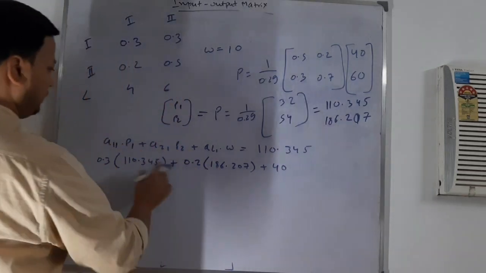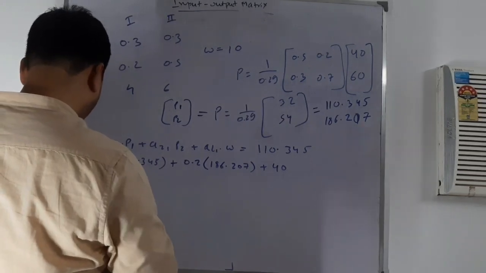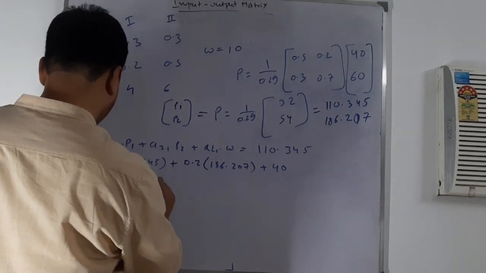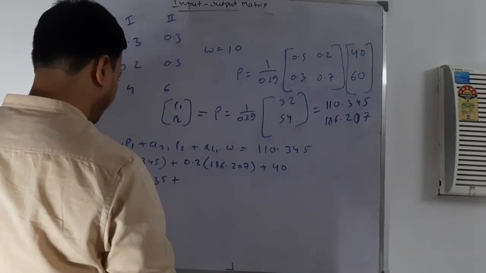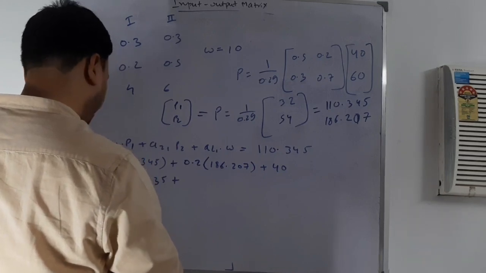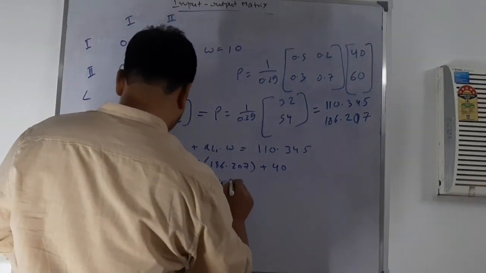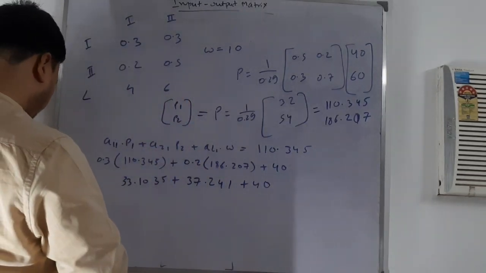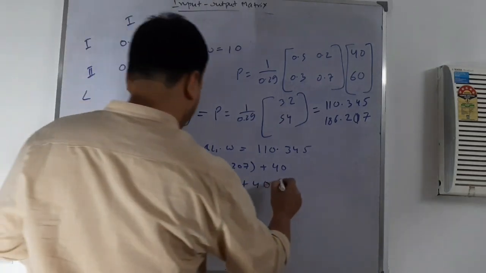It should add up to 110.34. So 110.345 into 0.3 gives 33.1035. Plus 0.2 into 186.207, this will be 37.241, plus 40. Let me add 33.1035 plus 40. So you will get 110.345.